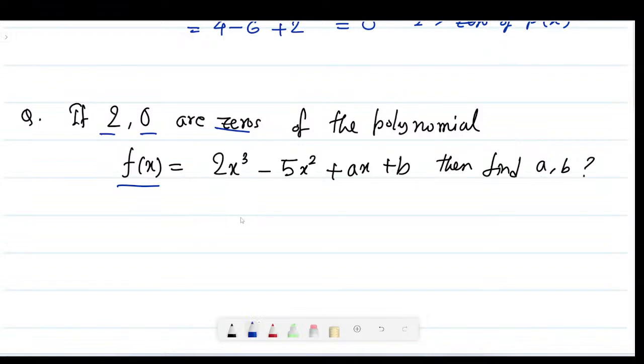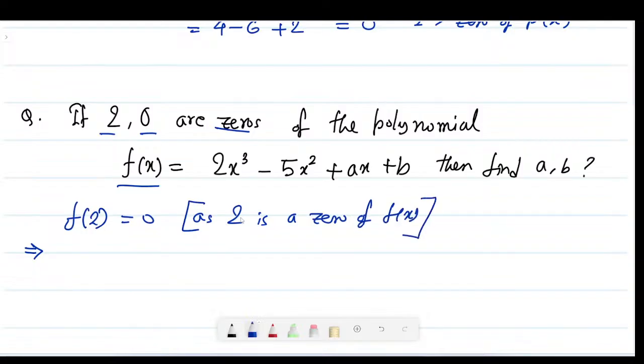So if I replace x as 2, we will get 0, as 2 is a 0 of f of x. That means I am putting the value 2 into 2 cube minus 5 into 2 square plus a into 2 plus b, and that will be 0.